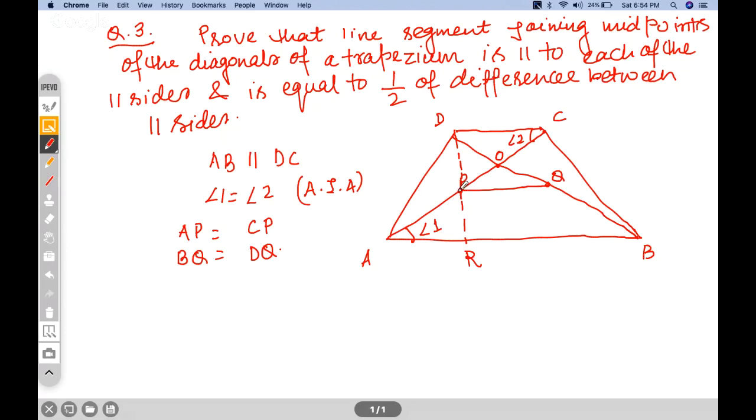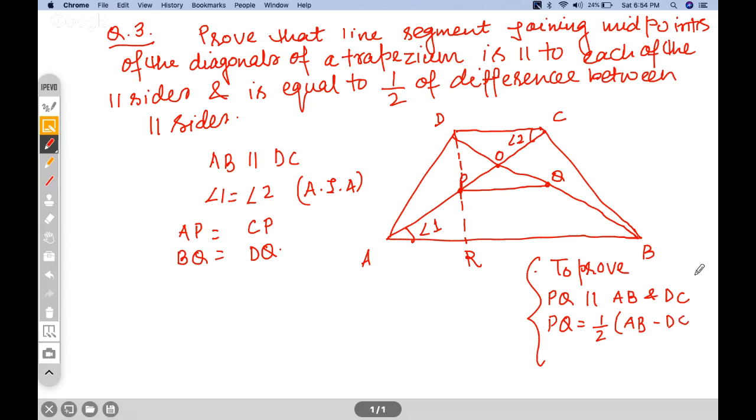Now look here. What do I have to prove? I have to prove that this line is parallel to DC and AB. So I'm writing here, to prove: PQ is parallel to AB and DC, and PQ is half of AB minus DC.